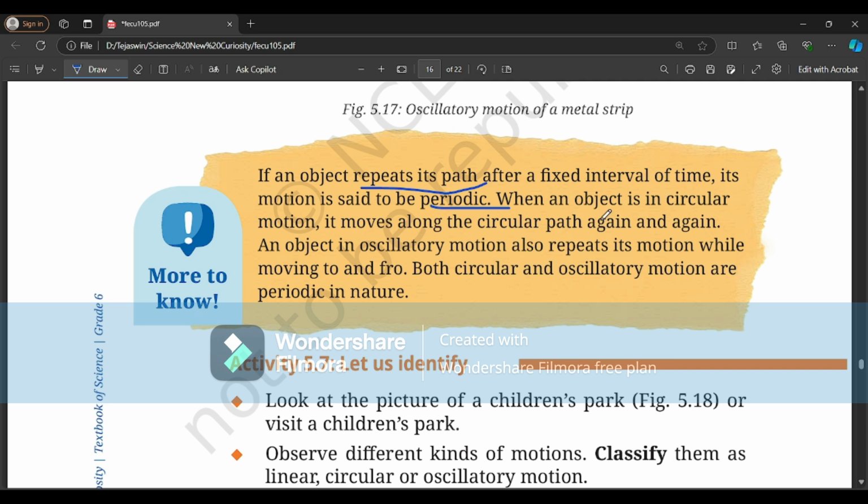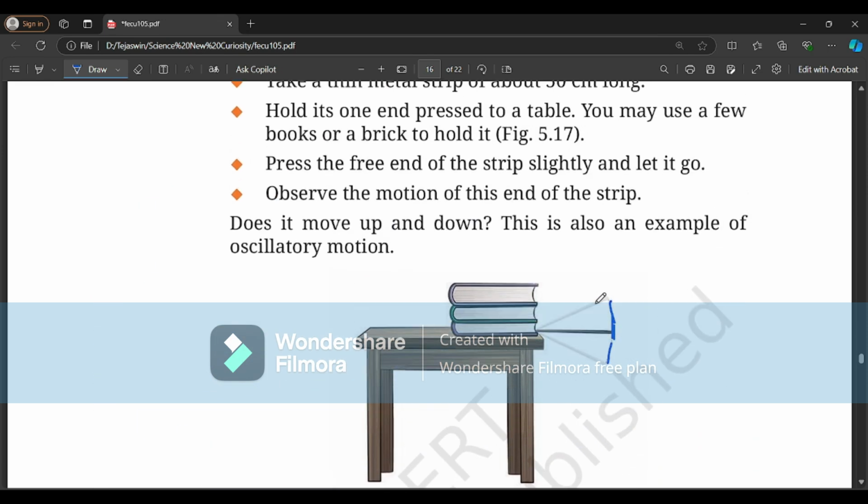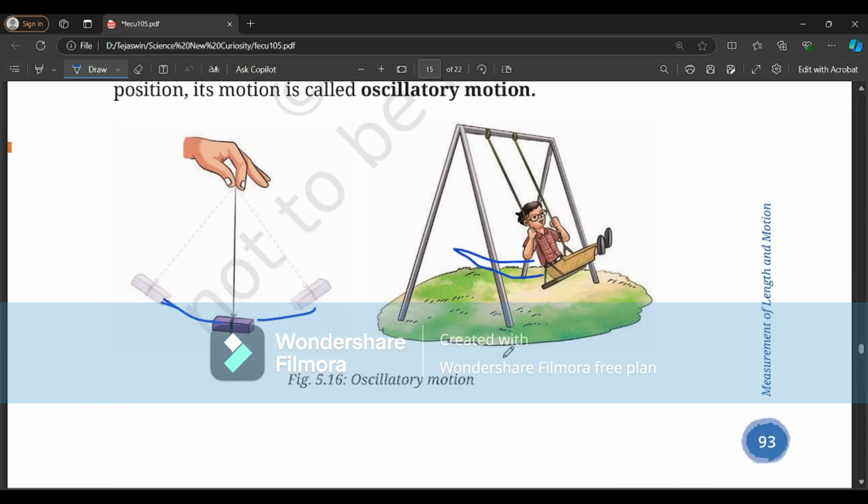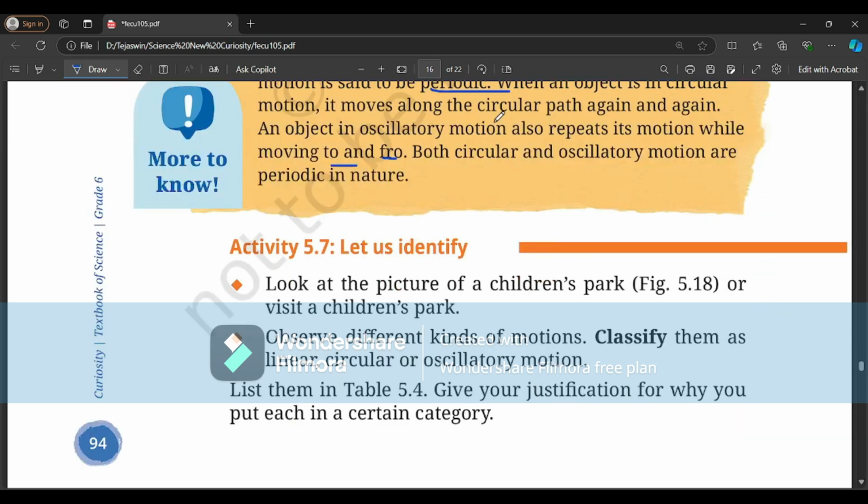When an object is in circular motion, it moves along the circular path again and again. An object in oscillatory motion also repeats its motion while moving to and fro. So oscillatory motion is called to and fro movement. Both circular and oscillatory motion are periodic in nature.